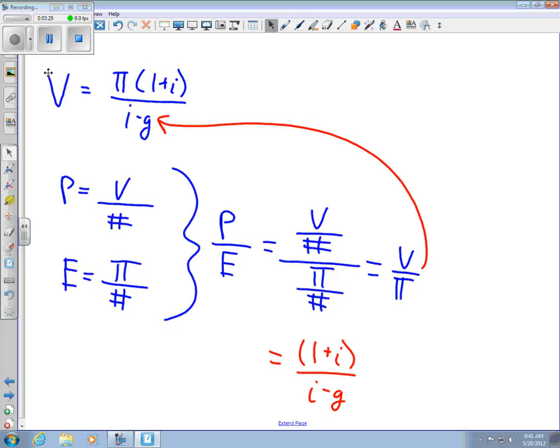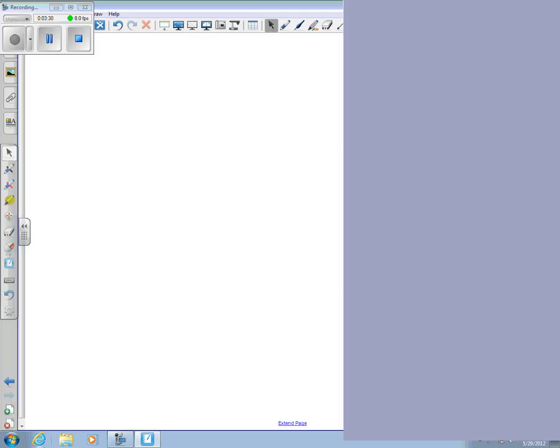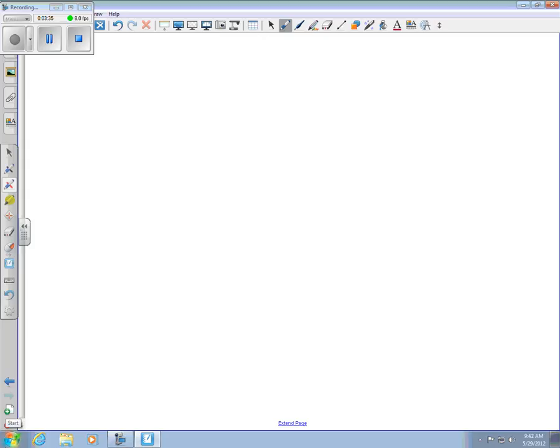Why would we be interested in the price earnings ratio? Well, it's a fairly simple operation. Price is what you paid, earnings is what you received. So if you think about, well, I put some money in the bank, price equals money in the bank, and earnings is equal to the interest received.